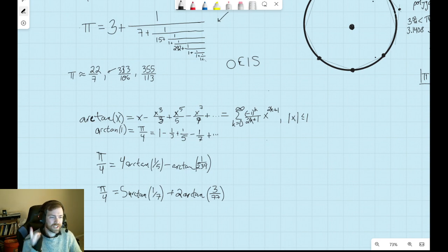And Euler was able to calculate 20 digits of pi with this in 1 hour. So it made things a lot faster, at least.